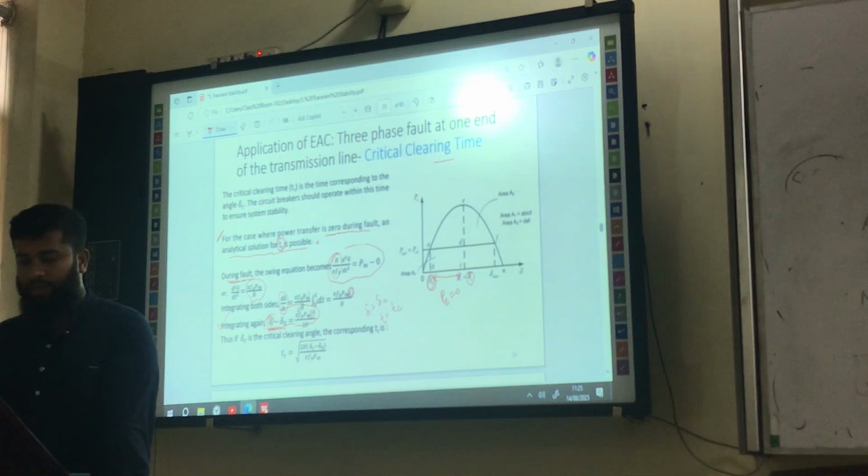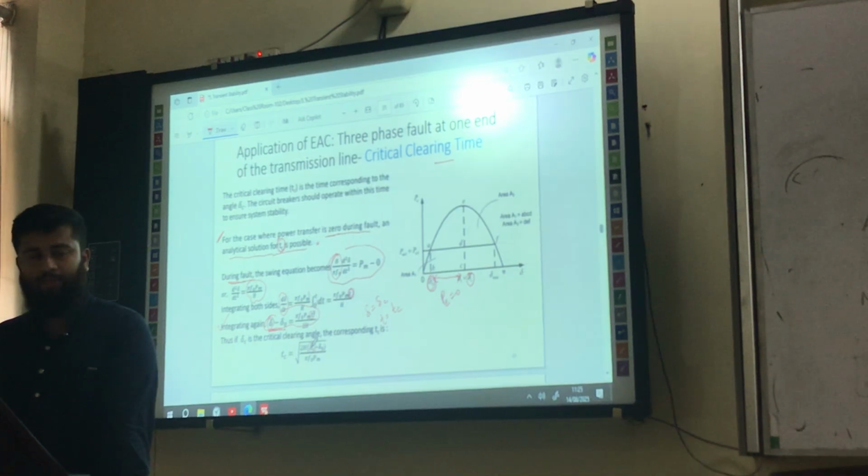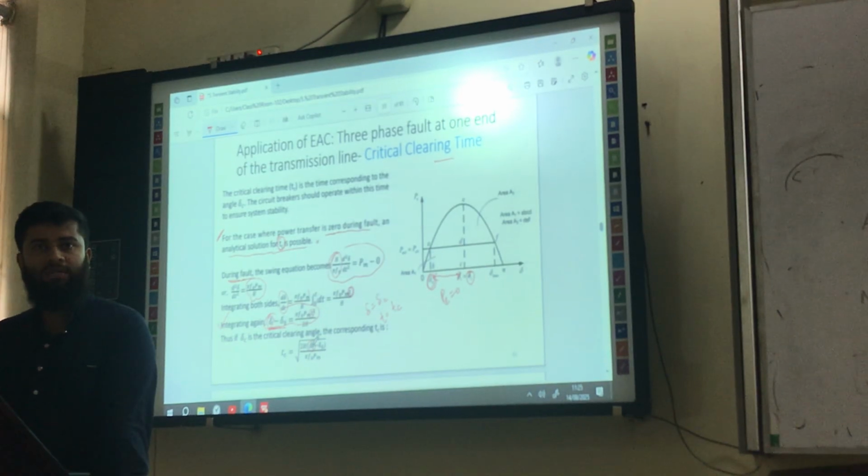So if we replace this delta with delta c, and this t with tc, and solve it, we will get tc as this. Look, now it is delta c, not delta. This is delta c, the fixed value, because we know this delta c. So if you know this value, you can calculate this tc analytically. That is the case.